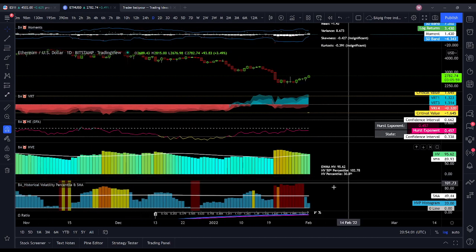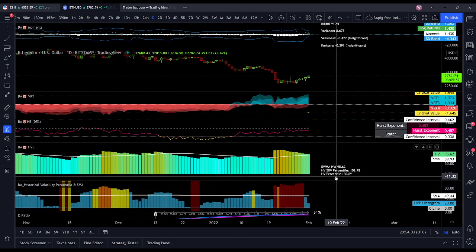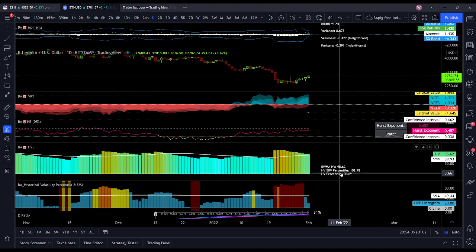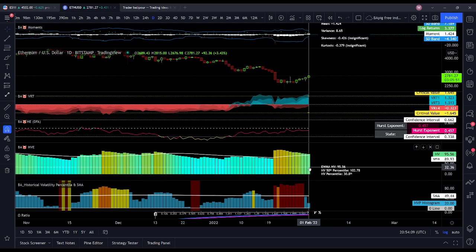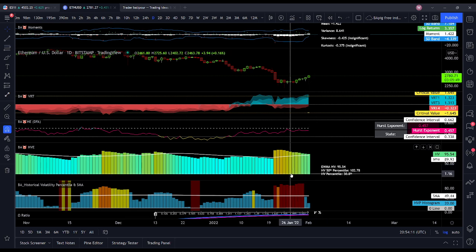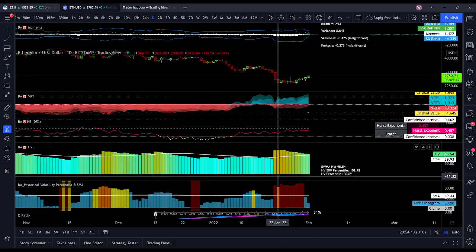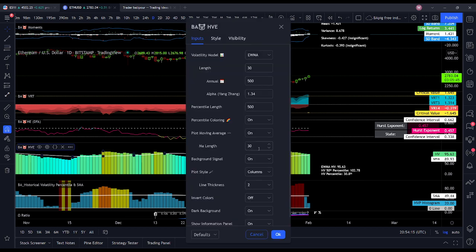And actually, the historical volatility percentile shows 30% of daily candles were lower. So that's something to definitely take into account.